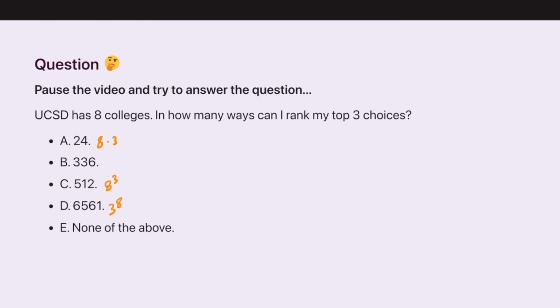So we have n equals 8, k equals 3 here. So we know we have 3 options: your first choice, second, and third.